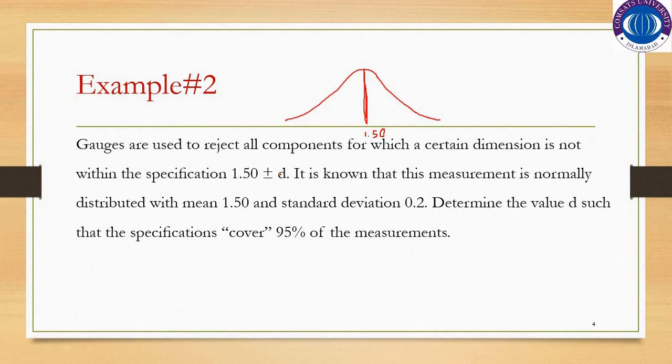So we will have the upper limit and lower limit. 1.50 minus d is the lower limit. 1.50 plus d is the upper limit. By subtracting d, which is unknown, from the mean, we will go somewhere here.